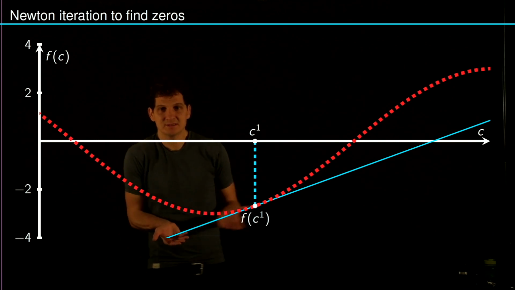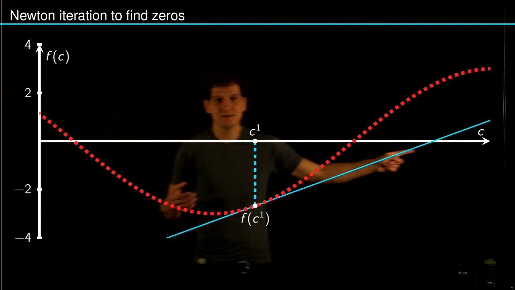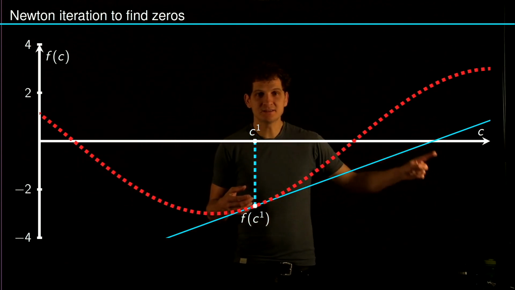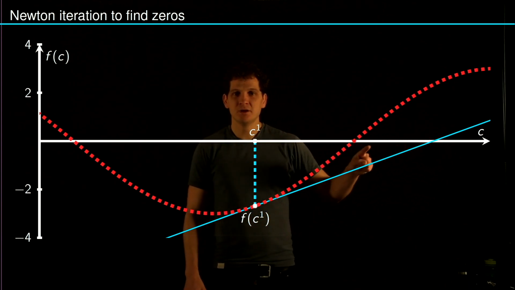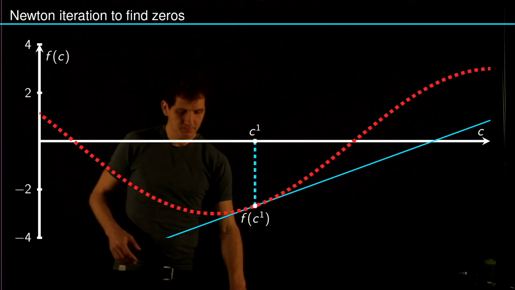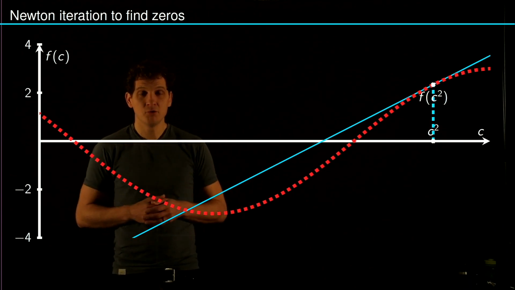And once we have this linear approximation, I can immediately calculate the zero of this function. And the hope is that this zero of our local linear approximation is closer to the true zero than we were before. And it will be closer because we have calculated the local slope, so we kind of know where to walk.